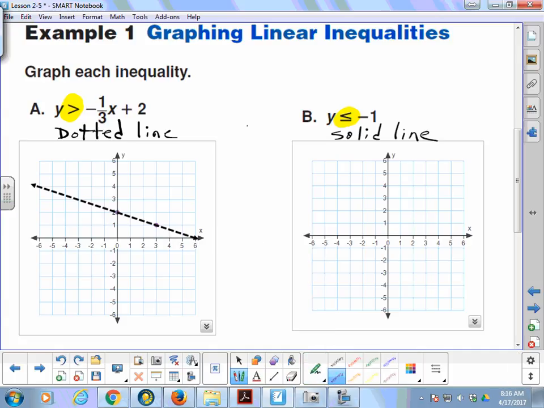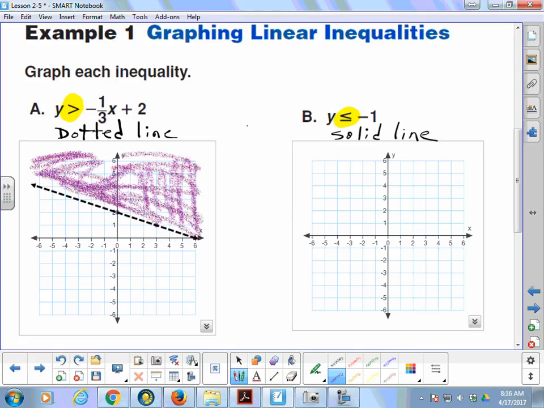And so this says that it's greater than 1/3 x plus 2, so we're going to shade the area above that line. And so my solution isn't just the line itself, it's an infinite number of possible answers.